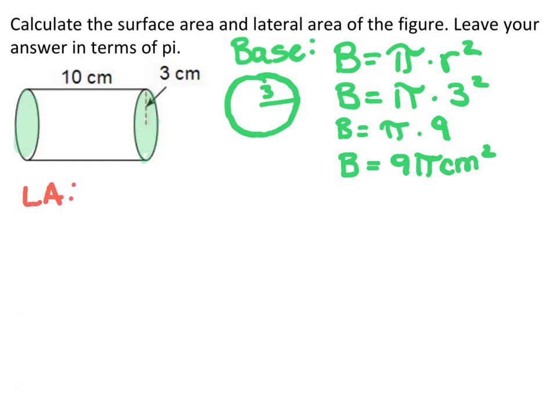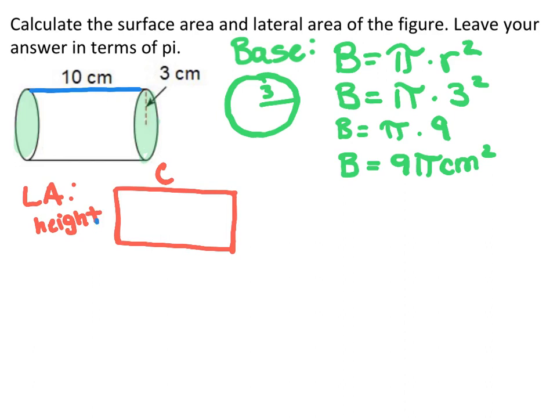Now for the lateral area. Again, the lateral area is a rectangle where this side is the height and this side is the circumference. For this cylinder, the height is 10, so I can put a 10 on this side. The circumference, depending upon which formula you use, let's say I use the radius, is 2 pi times the radius, which is 3.